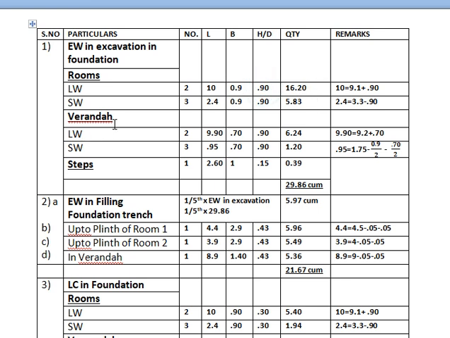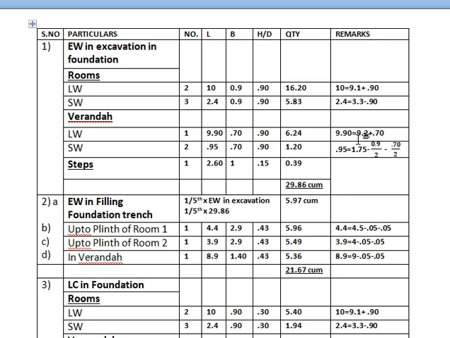Now talking about the veranda, for the long wall, the section on both sides is the same, so the procedure is the same. Sorry, the long wall for the veranda is one and the short walls are two.